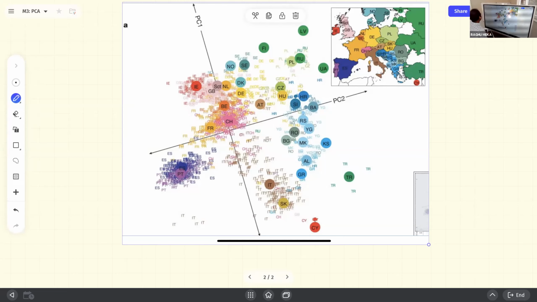All the people who were from Ireland, for example, ended up here, which is where Ireland is approximately. You can see even fine-grained differences, right? Like all the people from France were getting clustered in something which looks like where France is geographically.